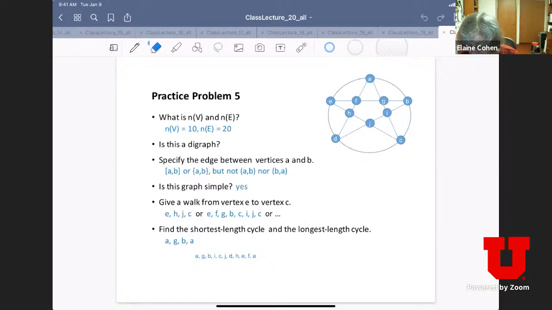Because E is not connected to B. E is connected to F, F is connected to G, and G is connected to B. Or E is connected to A, and A is connected to B. Or there are lots of different paths. Number of vertices, 10, the number of edges, 20, the same set of questions that we had before. Lots of examples here.